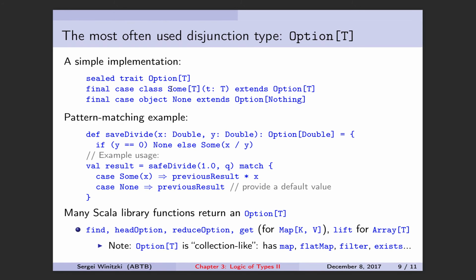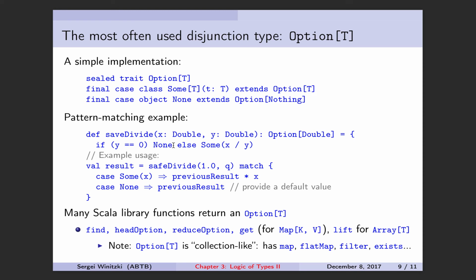I show on an example how one can use the option type, which is perhaps the most often used standard library type that is a disjunction. So this is an example of how we could divide numbers safely, where division by 0 is excluded from the domain.